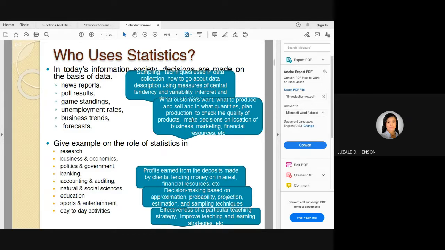So these are some of information that we have today wherein statistics play a role. And then give example on statistics also as applied to business and economics. You can use that in politics and government, banking, accounting, and many others.